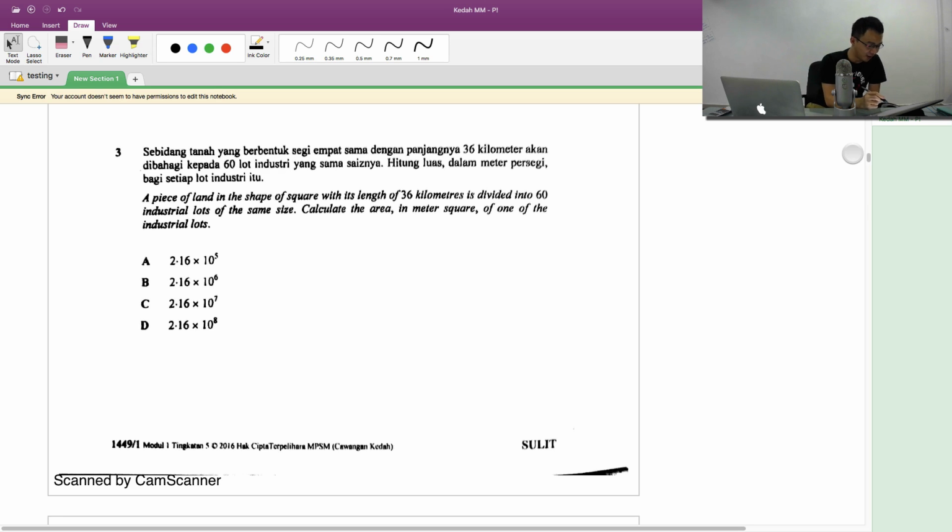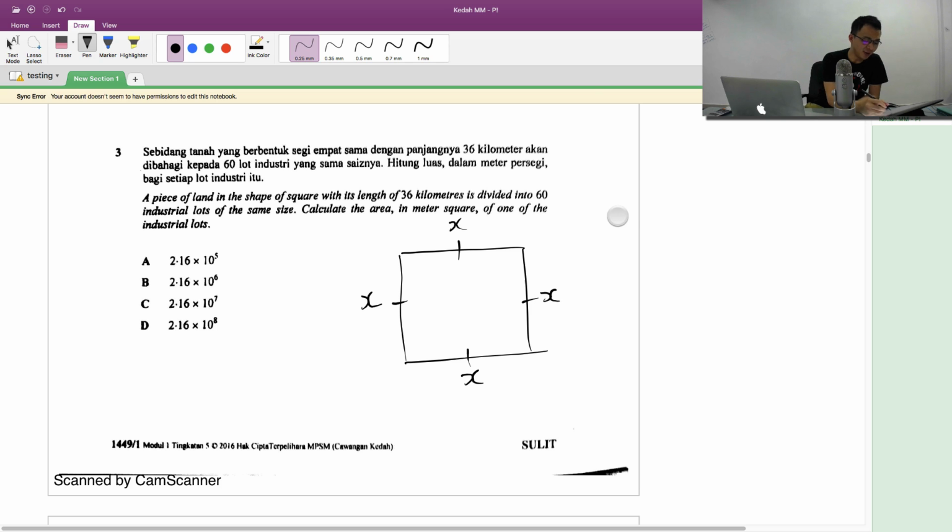So we basically have a square here, and its length is 36 km. That means it's a square, so all sides must have the same length. So 4x will give me 36 km, so x is 36 divided by 4, which is 9 km.